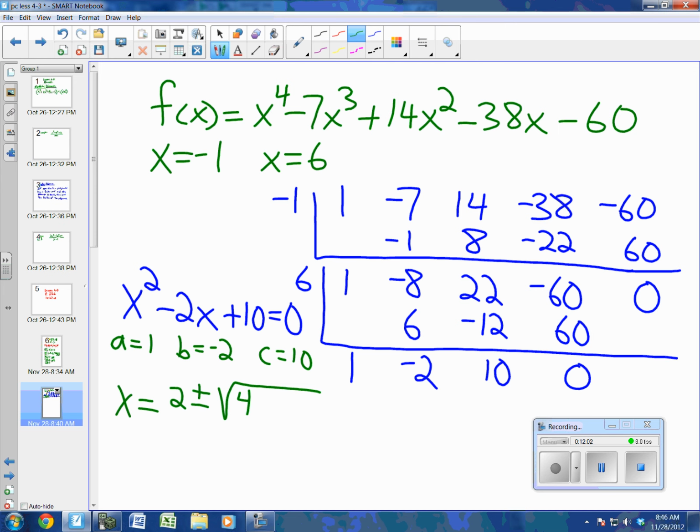Anytime you square a negative number, it becomes positive. Minus 4 times a, which is 1, times c, which is 10, and divided by 2a. I know that 4 times 1 times 10 is 40, and 4 minus 40 is a -36.